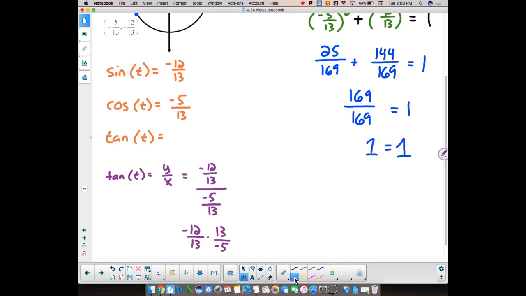Even farther it simplifies to be what? Go ahead, Cole. Oh, it looked like you were ready to say 12/5. Because why would I go negative 12 over negative 5? True. Okay. So this simplifies to be 12/5. So the tangent of t is 12/5.